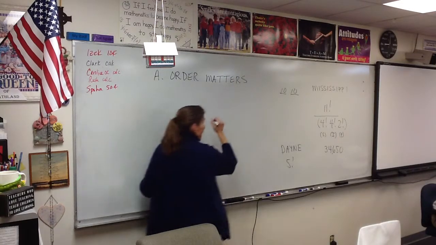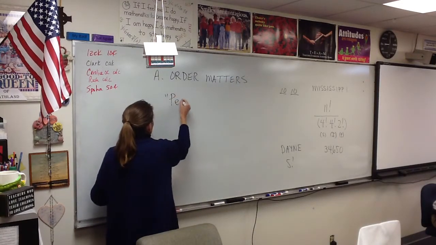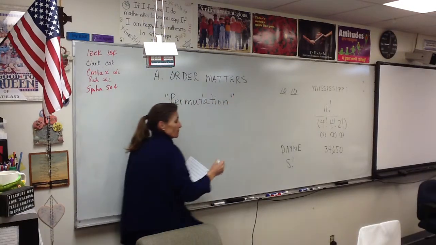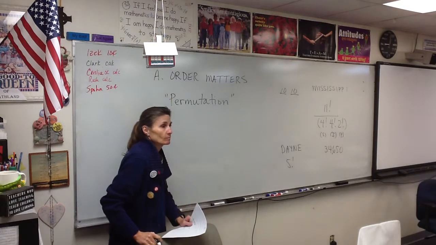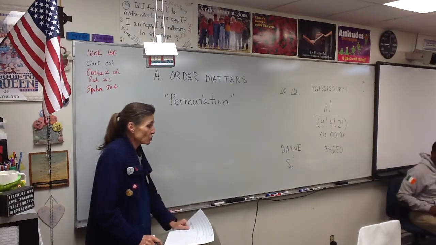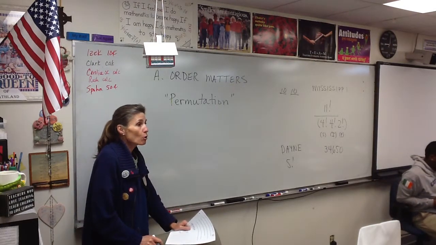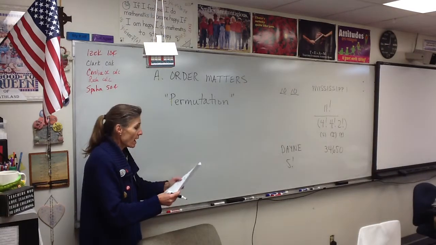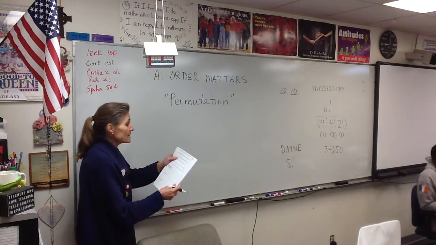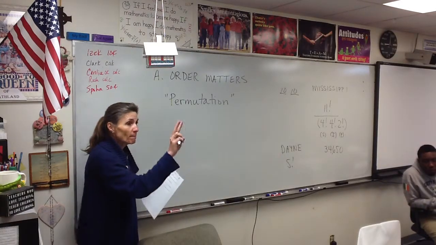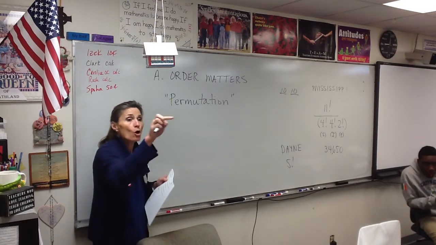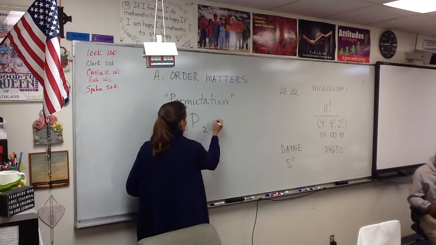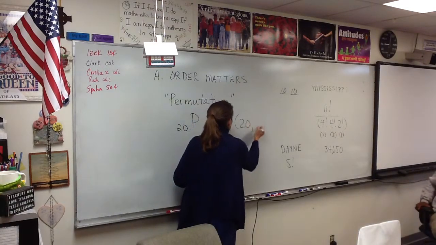When order matters, you have what we call a permutation. This is important. It is the key to a big chunk of this little unit. A permutation implies that order matters. When I have 20 members and I'm going to pick 2 of them in order, it's 20P2, or P(20,2).